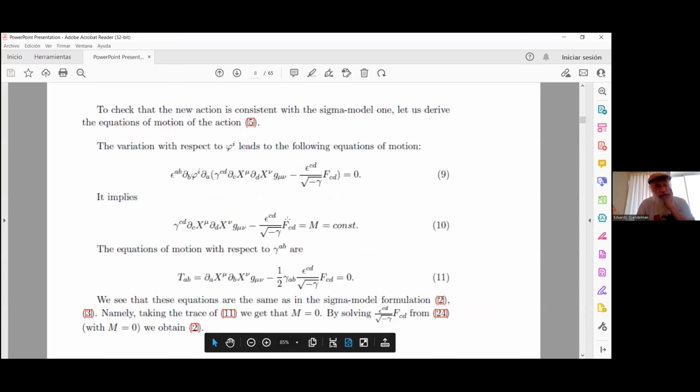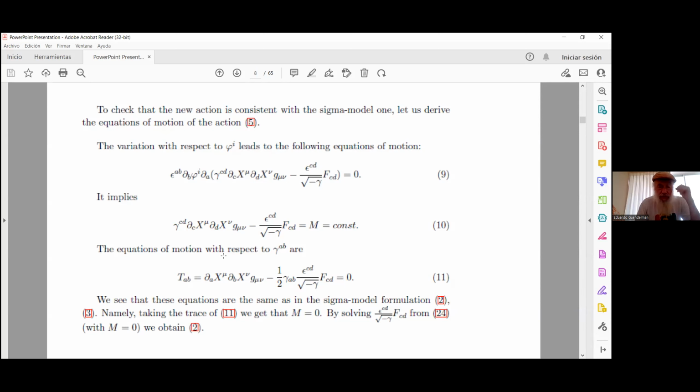The equation of motion with respect to the variation of the scalar fields is a matrix times the derivative of the Lagrangian. If the matrix here has a non-zero determinant, which is basically the measure back, you are forced to have this Lagrangian equal to a constant.